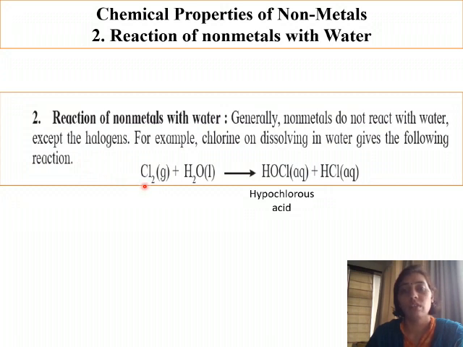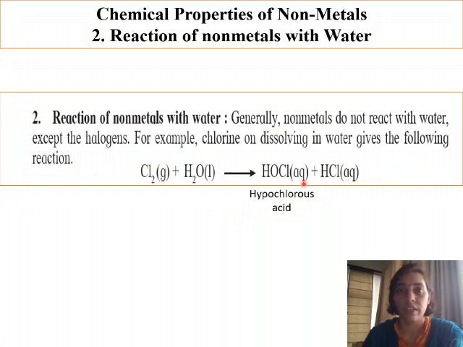So we have a non-metal like chlorine, molecular formula Cl2, which reacts with water and gives rise to HOCl, hypochlorous acid, and hydrochloric acid. So two types of acids are formed: one is hypochlorous acid and the other is hydrochloric acid. So this is one reaction that you have to remember for the reaction of non-metals with water.